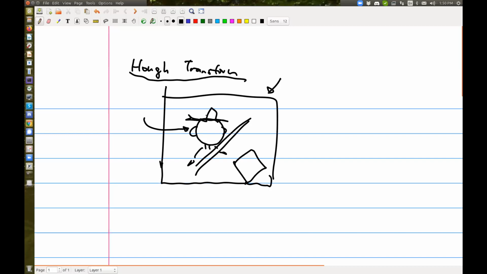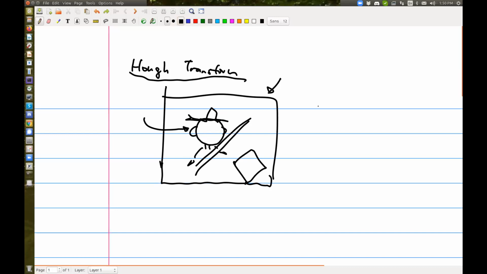Then maybe I do edge detection. At the beginning maybe they have some colors, right? But after edge detection, I only get the outline back. Of course this is very primitive if I try to detect a face using this.